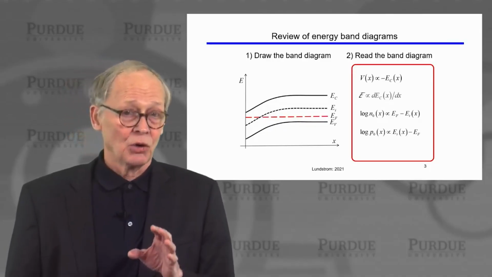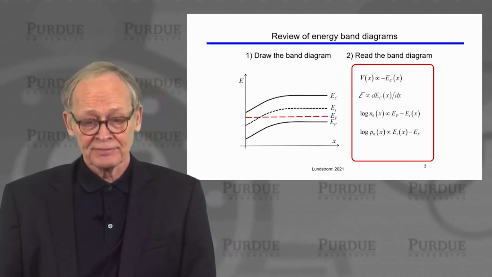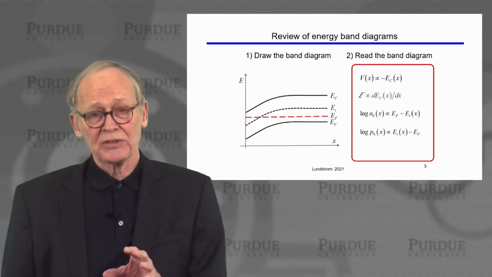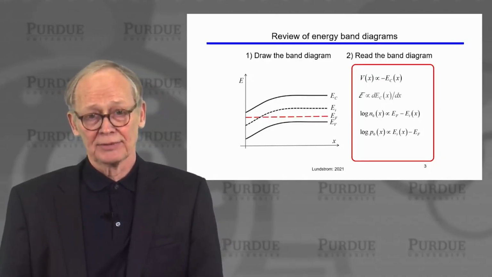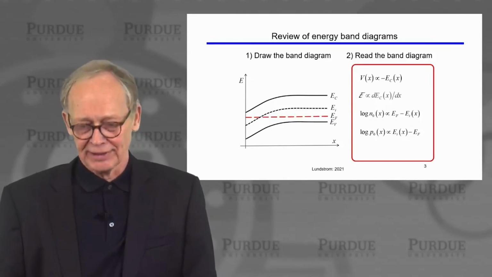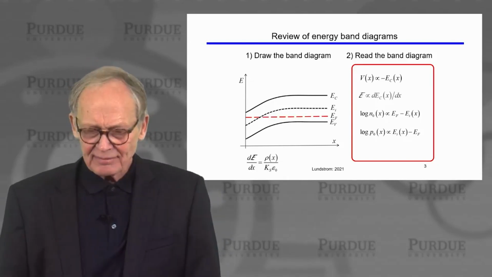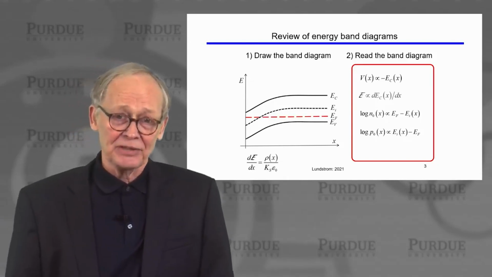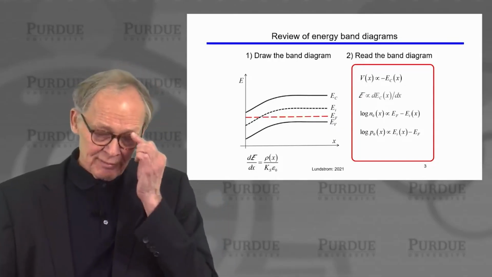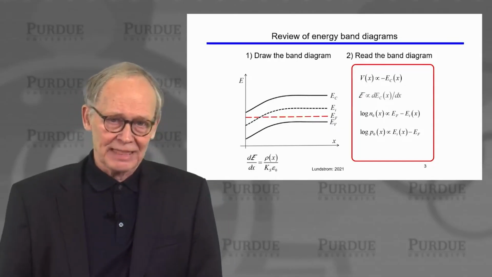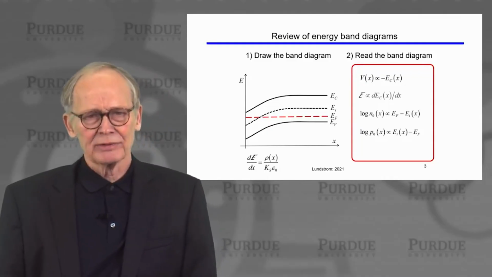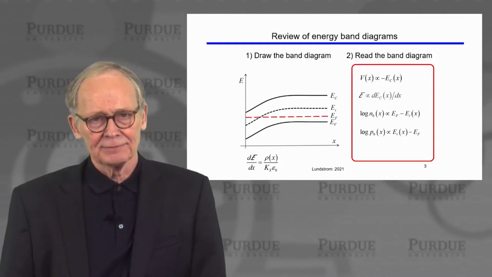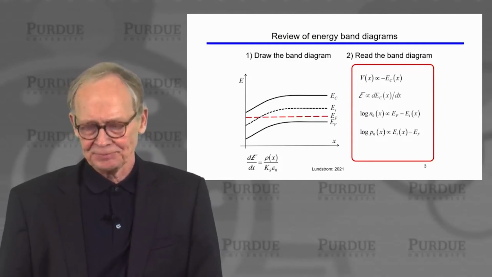If we're interested in the hole density versus position, well, the hole density increases when the Fermi level goes below the intrinsic level. So we can read that right off the energy band diagram. And finally, if we want the space charge density, rho, well, we can use Gauss's law, divergence D is equal to rho, but that's going to require us to take a second derivative of the conduction band minima.